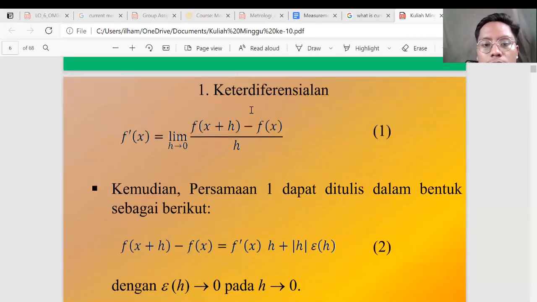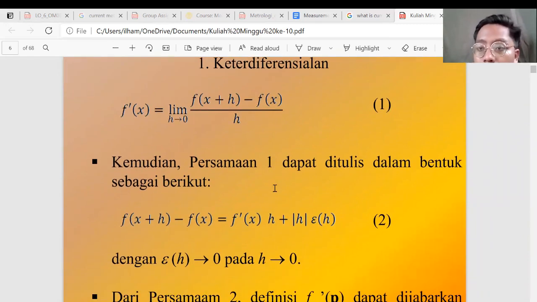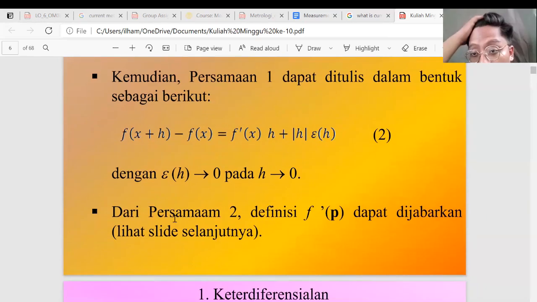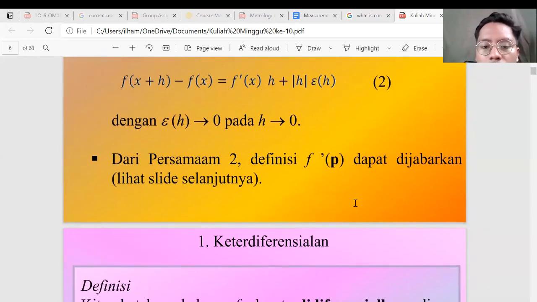And from this formula number 1, we can word it in another way like this: f(x plus h) minus f(x) equals f'(x) h plus h times epsilon(h), because epsilon(h) goes to 0 as h goes to 0. And we can see on this number 2, what is the definition of f'(p)? We can see on the next slide.